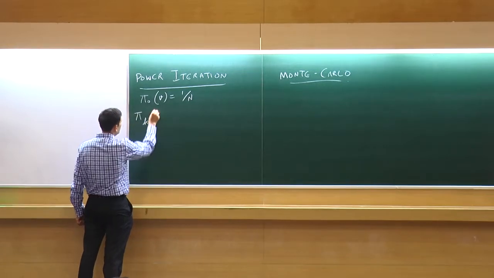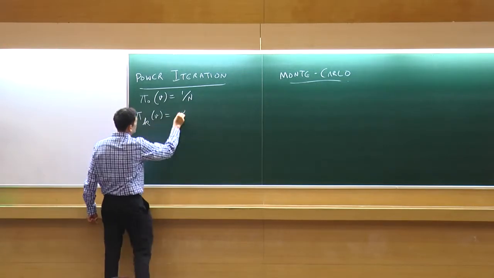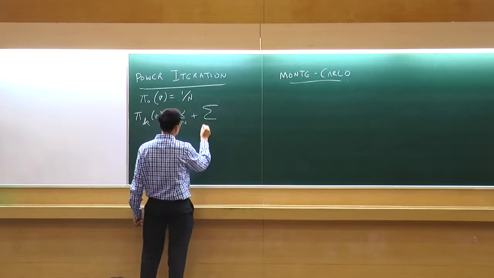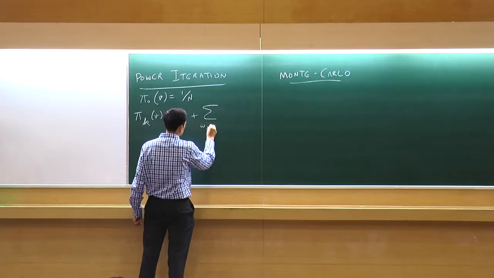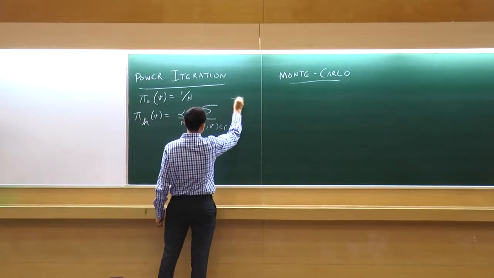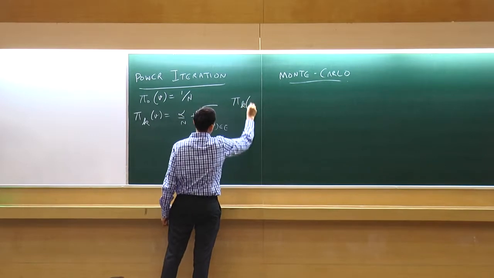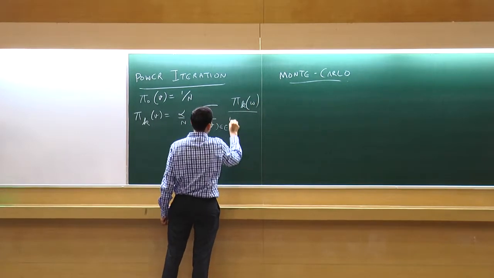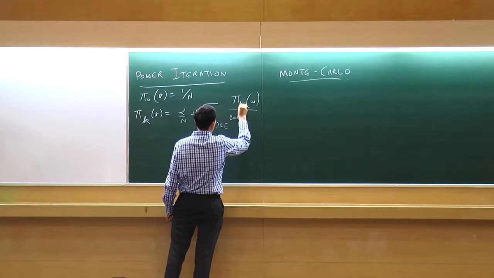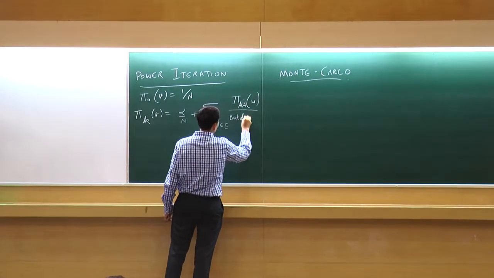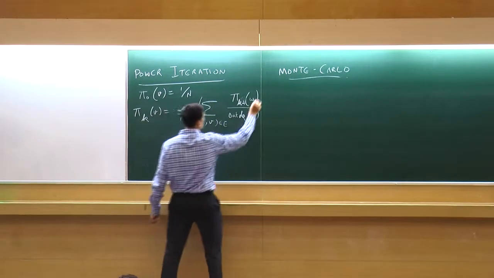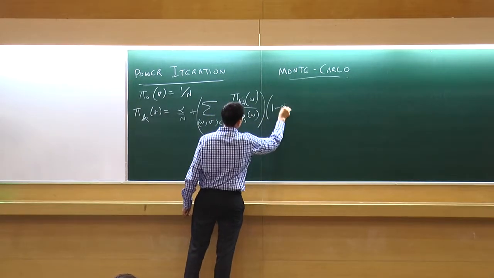You say pi k of v equals alpha over n plus summation over (w, v) in E of pi k minus 1 of w divided by out degree of w, and the whole summation times 1 minus alpha.